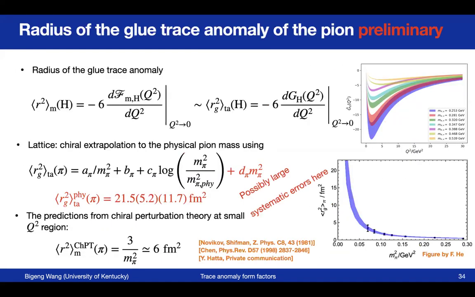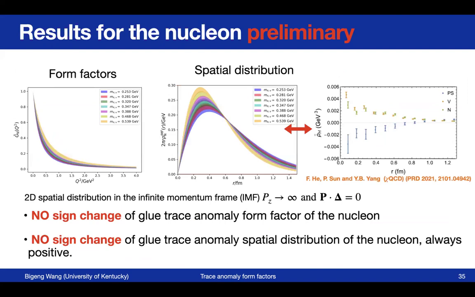Sorry. So similarly, we look at the proton, the form factors where the trace anomaly term dominates. We didn't see any sign change in contrast to the pion, and that's also consistent with the previous results where there's no sign change as well.